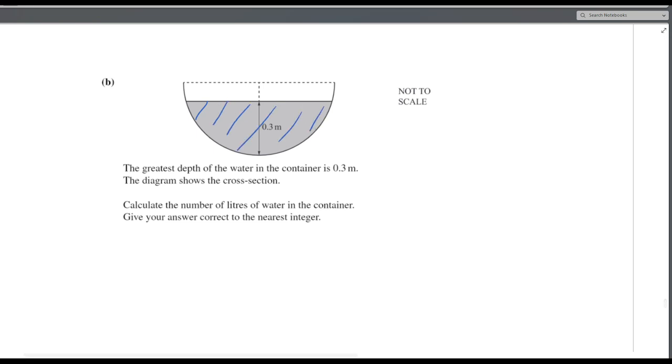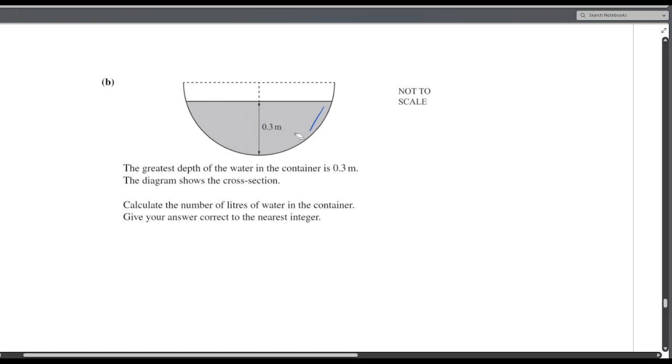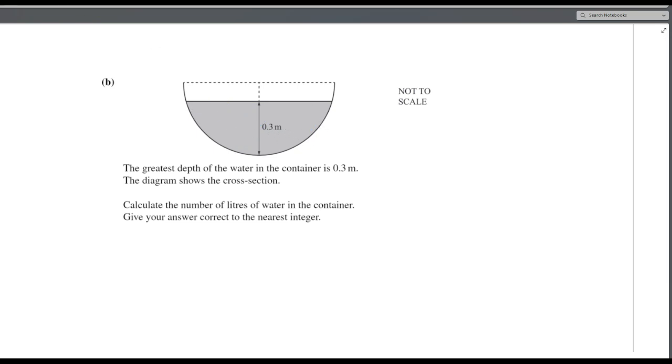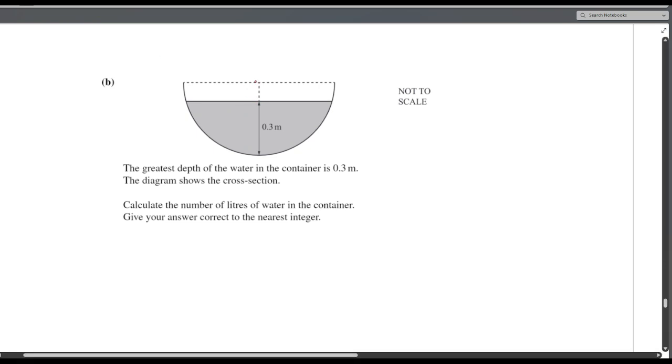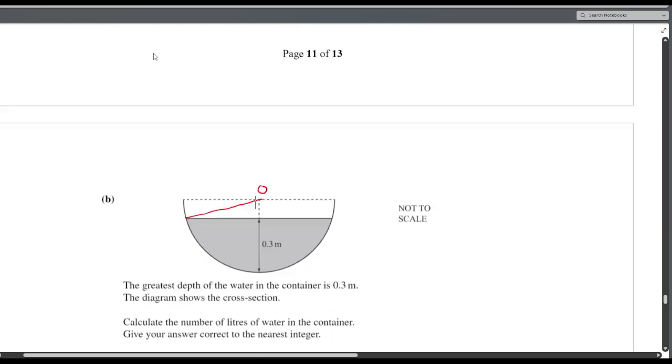Now to find this area, this is nothing but it is the area of segment. We say that area of segment. Now to find area of segment, if I join this point with this center, let us consider the center is O. Radius is given to me 0.45.